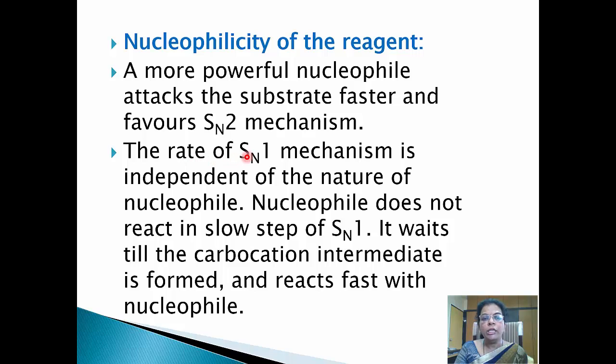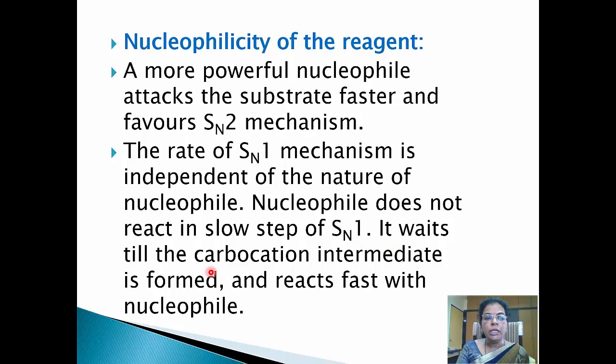The rate of the SN1 reaction mechanism is independent of the nature of the nucleophile. We have seen that the rate of reaction is directly proportional to the concentration of only the substrate, that is tertiary butyl bromide. The nucleophile does not react in the slow step of the SN1 reaction.